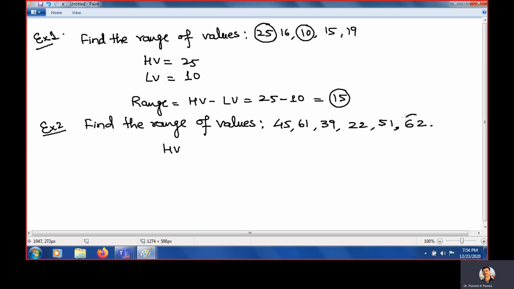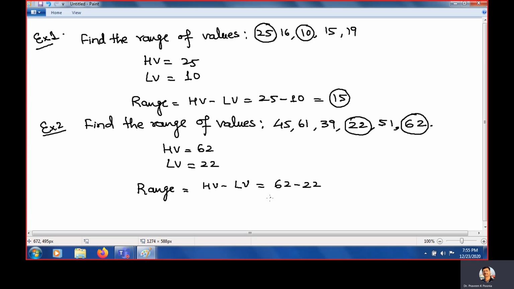Highest value is 62, the last one. And the lowest value is 22. So what is the range? Range is equal to highest value minus lowest value, which is 62 minus 22, equal to 40. So all values are spread within 40 numbers.